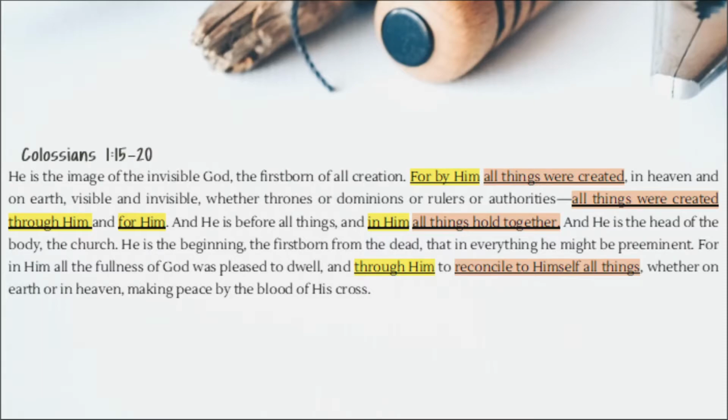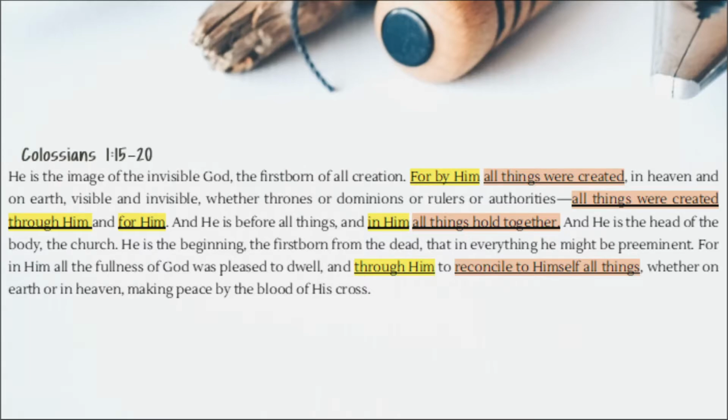Then on the other color, I have all things were created. All things hold together. And he reconciles to himself all things. Why is that a progression? Because he created all things, right? Then once it was created, he's the one who holds the whole thing together.